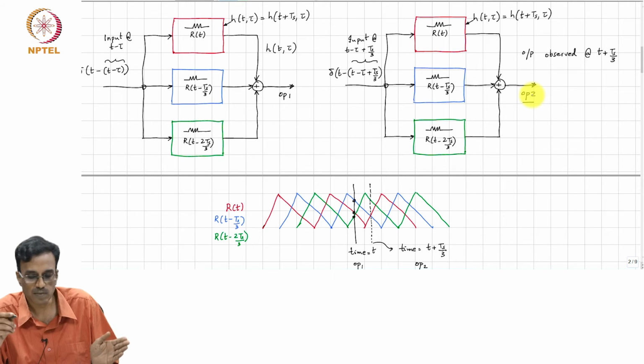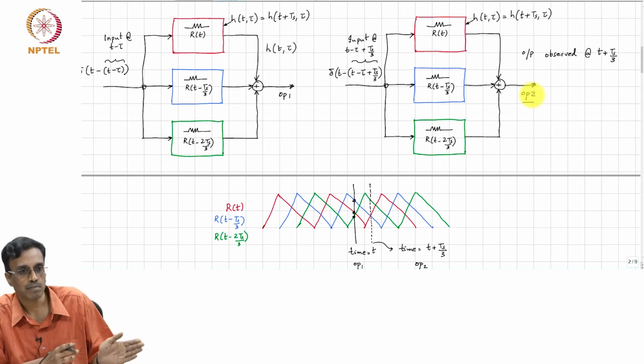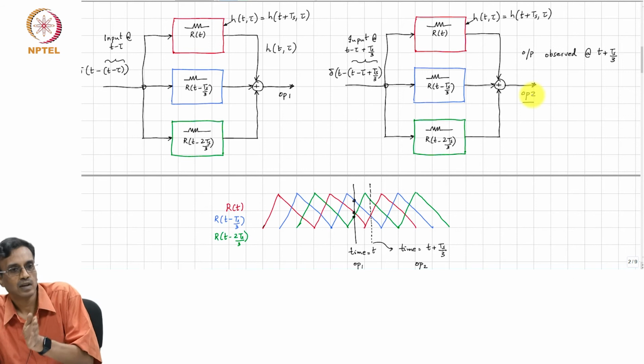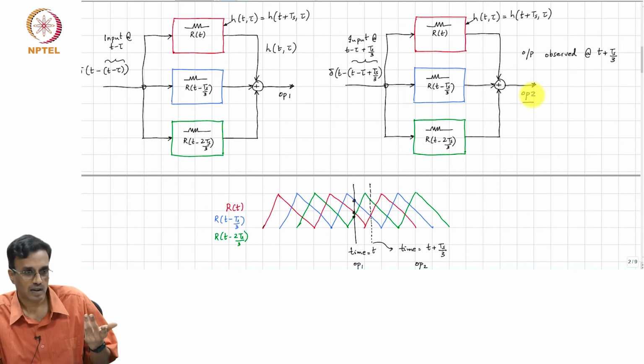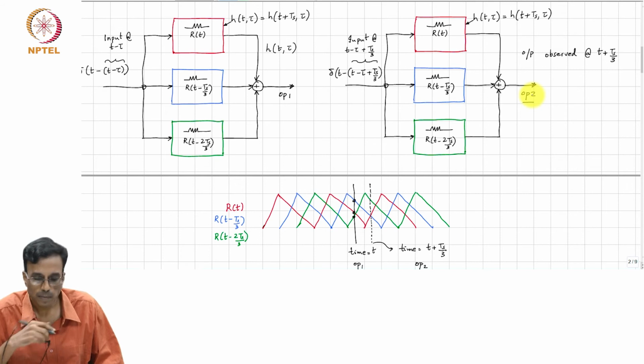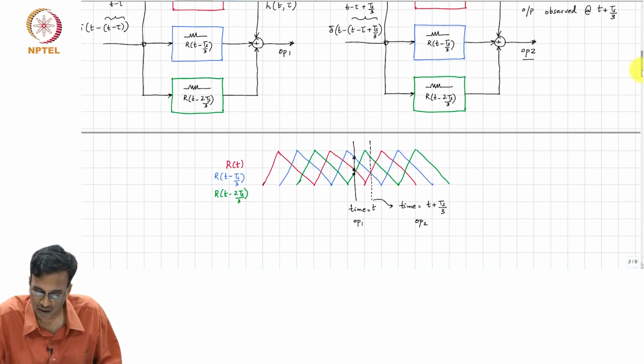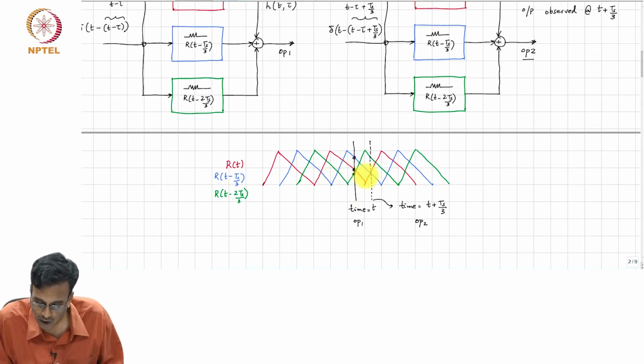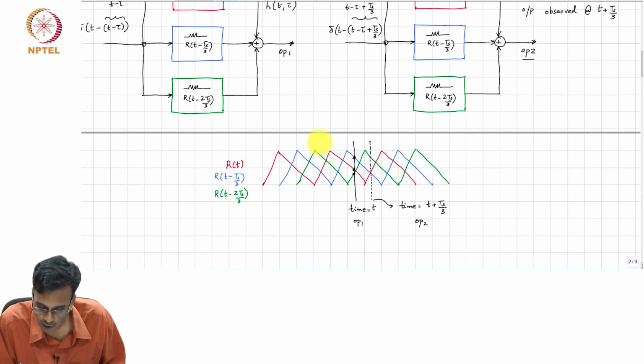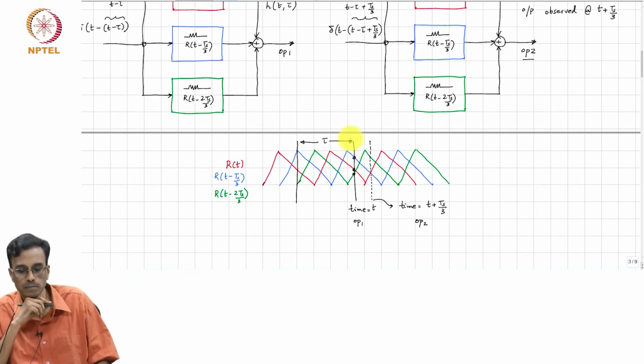So, it is the same system which has been excited with an impulse at time t plus Ts by 3. So, for example, in the first system you would have excited, let us say, the system here, this was tau, correct.